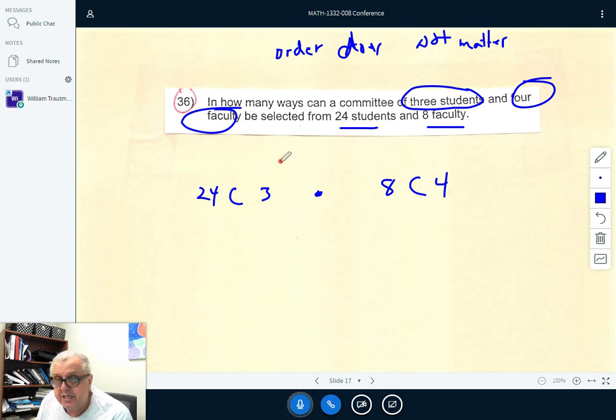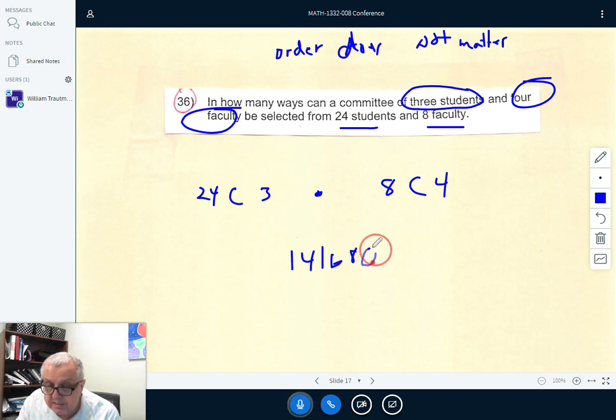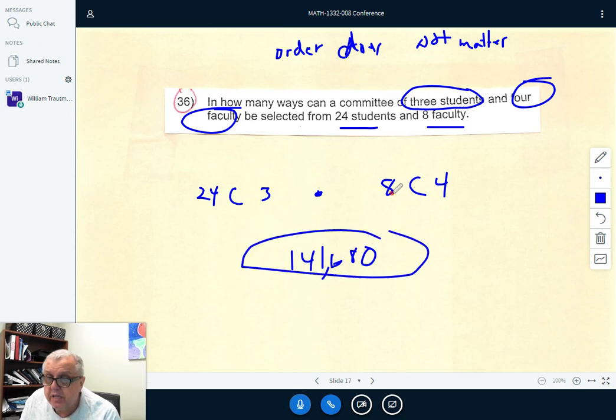So I'm going to put that in my calculator and multiply those 2 together. 24 probability number 2 with a 3 times 8 probability number 2 with a 4, and I get 141,680. Don't forget, all the answers are in the back of the workbook of this review sheet.